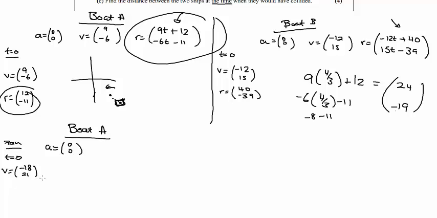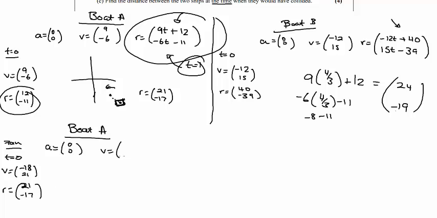The way we do that is we put t equals 1 in there to find out where it was at 7 AM. So r is going to equal, well, 9 plus 12, 21, and minus 6, that's so minus 17. So it's starting at 21 minus 17.